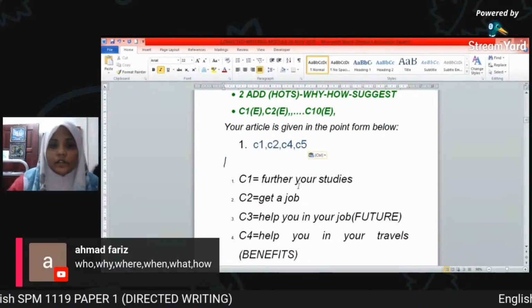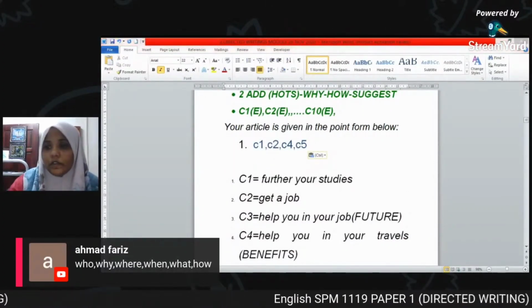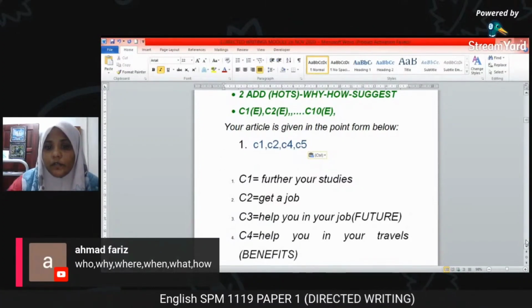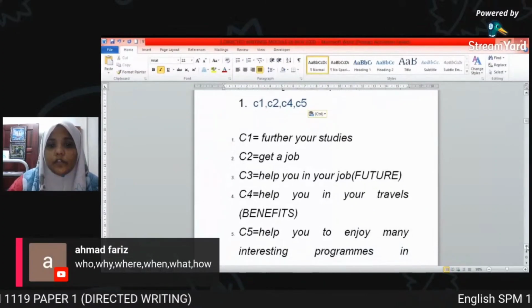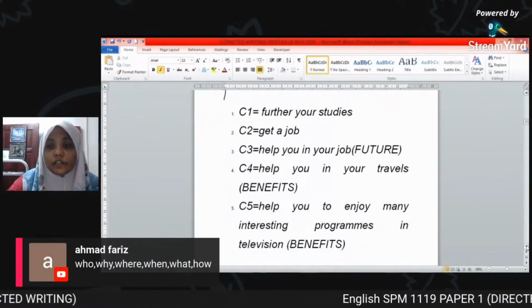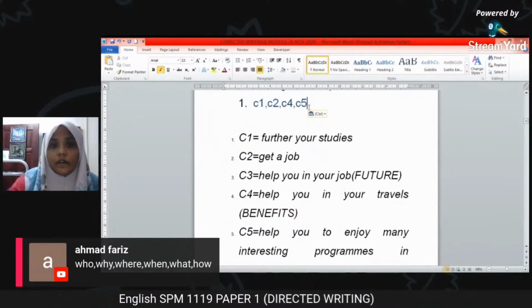C1, further your studies. C2, to get a job. C4, help you in your travels. And C5, help you to enjoy many interesting programs in television. These are the benefits.